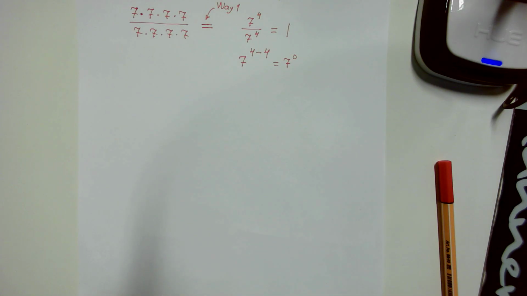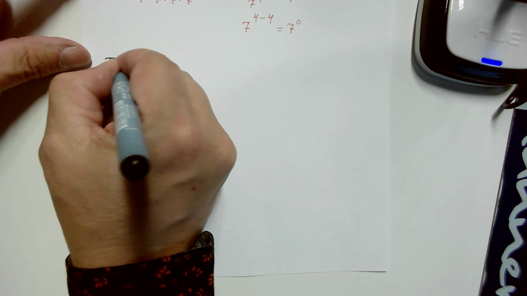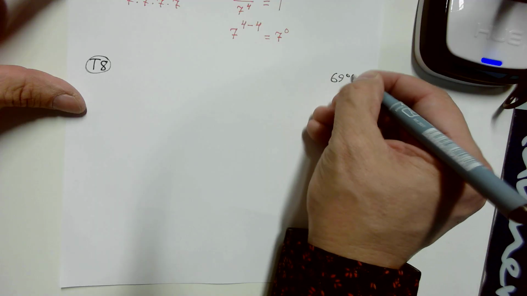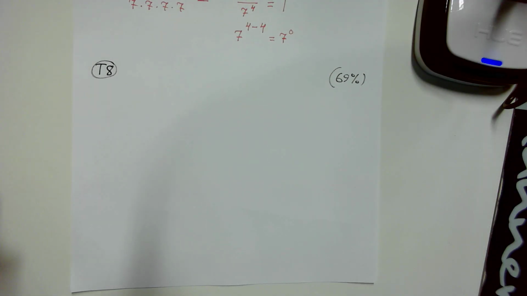Okay, 5 was that, and then we have 8, the next example. There were quite many problems in this test; those percentages were around 60 or 70 in the test. This 8 was 69%, almost 7 from 10 students could do this correctly.